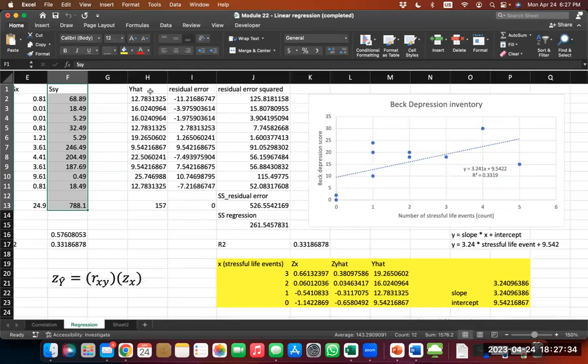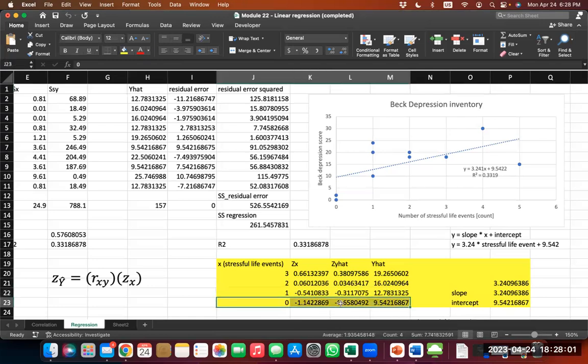So this is our total variability, and then we quantified our predicted residual error. For this, we first needed to determine our slope and our intercept, which we did here by calculating a y hat as the correlation coefficient multiplied by a standardized x. So we knew that where x was 0, our standardized x was minus 1.14.